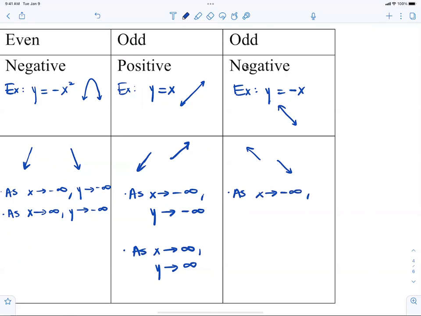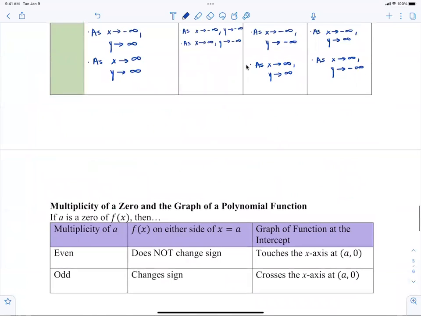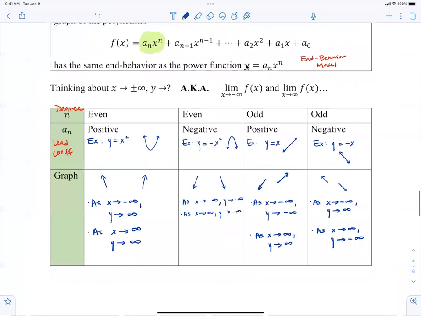So as x approaches negative infinity, y would approach positive infinity, and as x approaches positive infinity, y would approach negative infinity. Any questions on end behavior yet? We are going to do some examples where we identify end behavior. We'll put it all together to sketch the graphs.